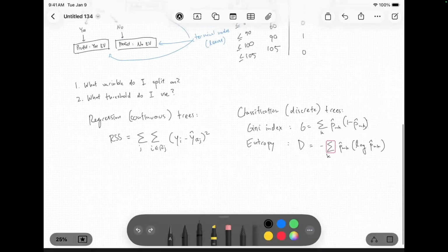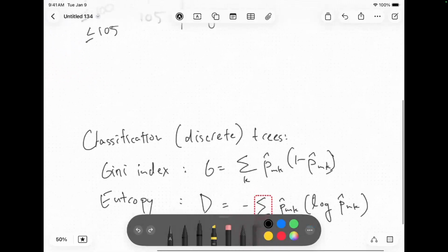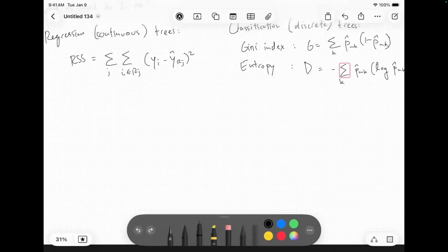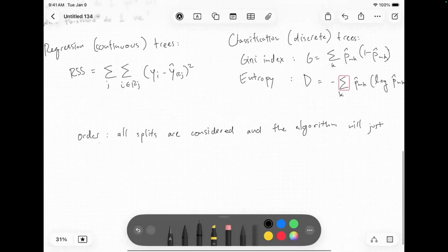There's a similar analogy in the drawback to stepwise regression, which is the order of variables selected. All splits are considered, and the algorithm will just pick the best at each step.